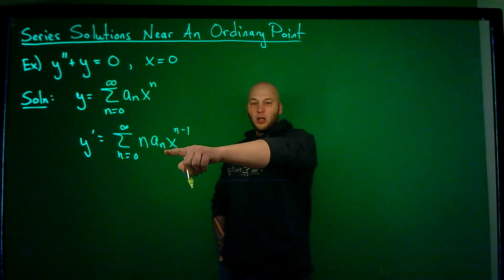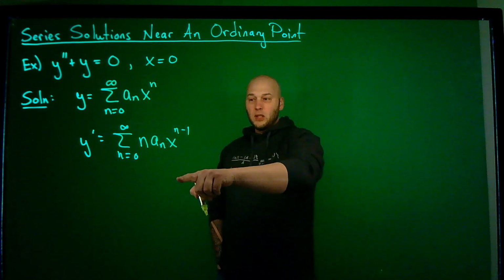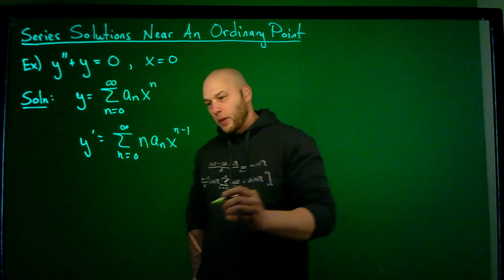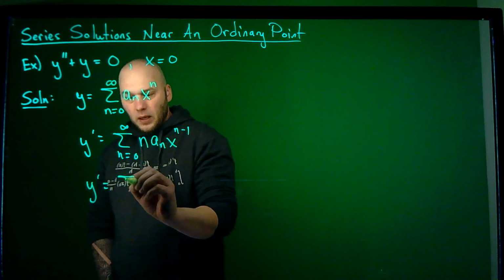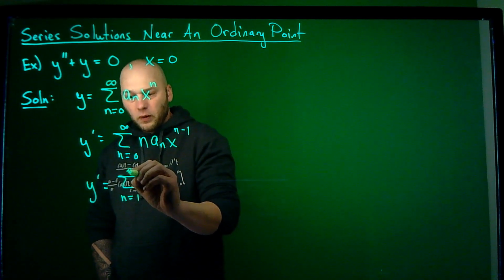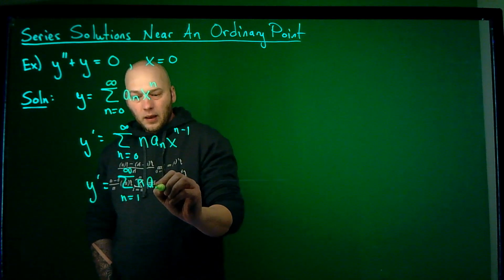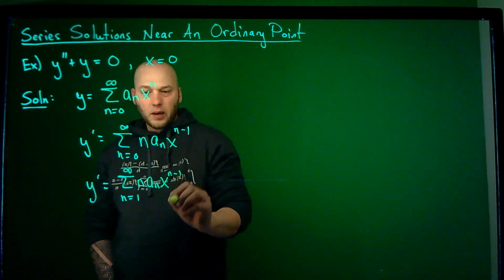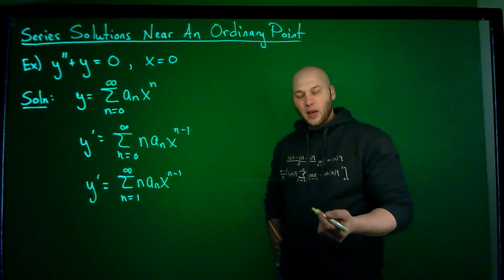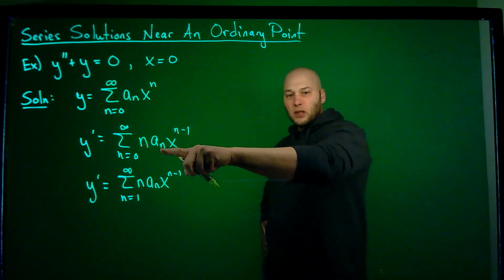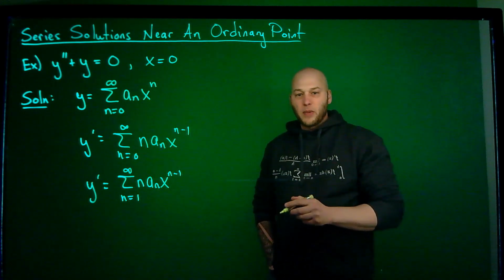Notice when I plug 0 into this, the very first term of the series would be 0. What I'm therefore going to do is drop the initial index term, giving me the sum from 1 to infinity of n a n x to the n minus 1. Now these two, of course, represent the same thing, but since the very first term is 0, I'm going to drop that term off.